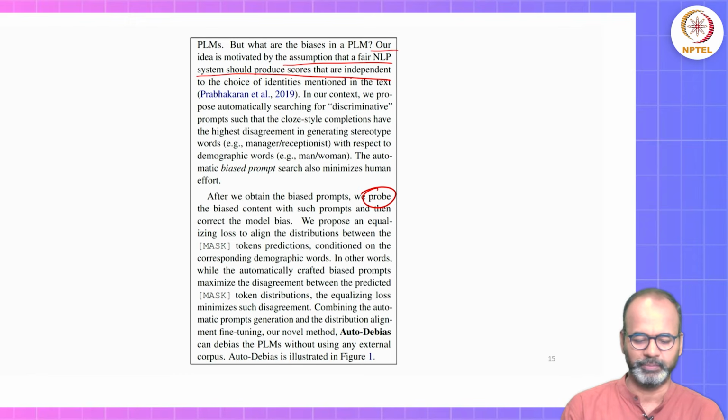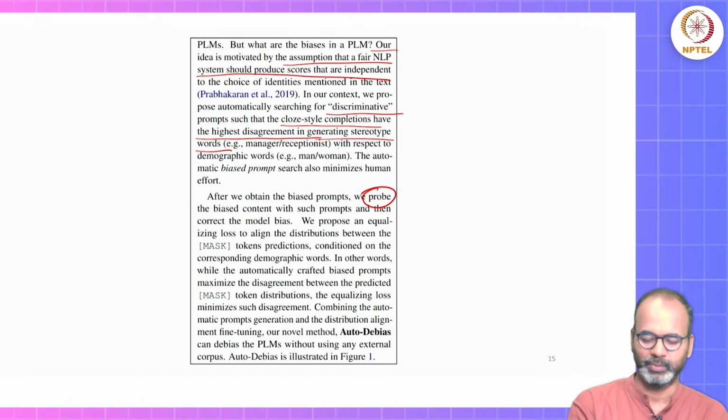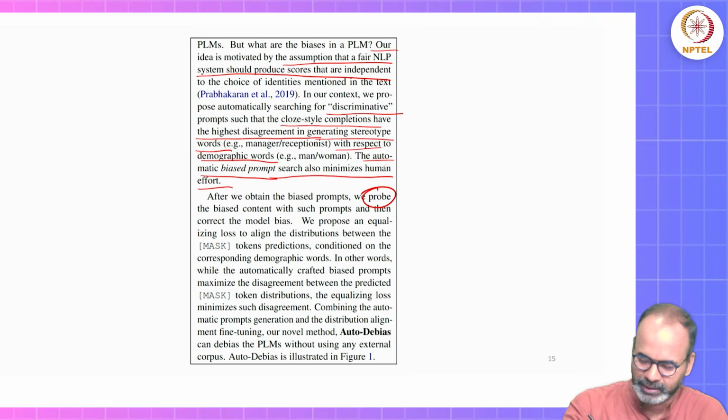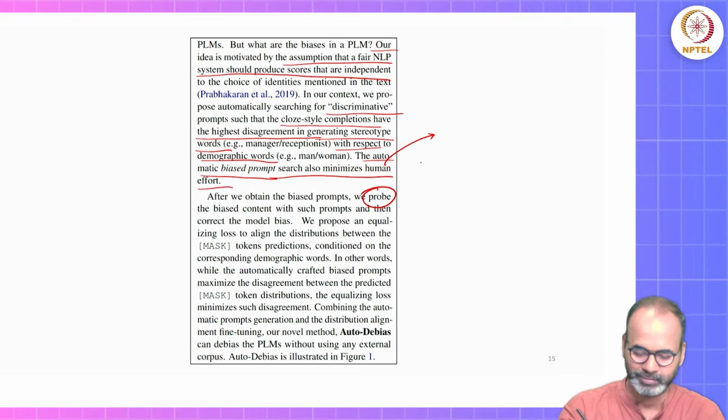In our context, we propose automatically searching for discriminative prompts such that the closed style completions have the highest disagreement in generating stereotype words with respect to the demographic words. The automatic bias prompt search also minimizes the human effort. So this part I said before, automatic bias prompt search.